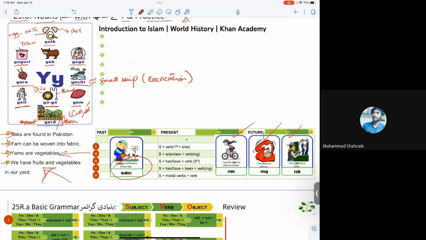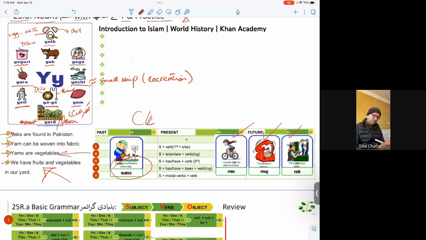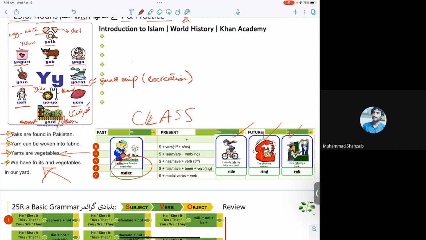Yaks are found in Pakistan. So yaks or yaks. Yaks. Okay. So I think in American English people say yak. जैसे लफ्ज है. What is this word? Class. American English class, British English class. So it doesn't matter.